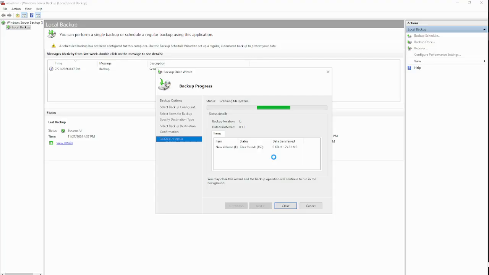From the I drive it is copying to the L drive, on my hard drive, on my server, but you cannot see that file here. Now you are seeing it. Backup is complete now.